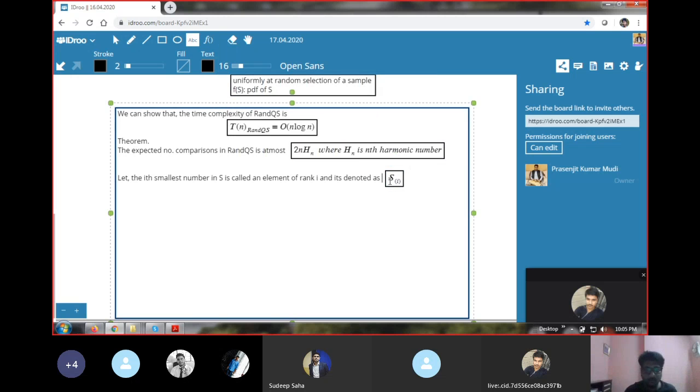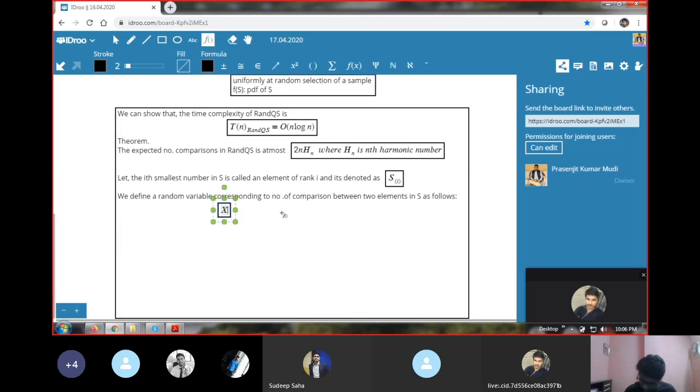Then we define a random variable corresponding to the number of comparisons between elements in S as follows. So this is Xij. So this is my step one.